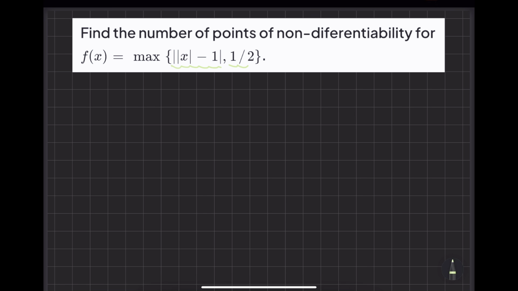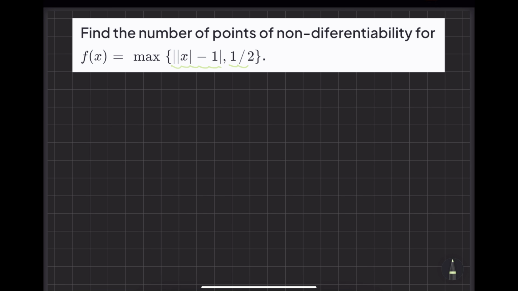Now you have replaced x with mod x. Okay, so what will happen? You will erase negative x, and then you will take the image. So look at this, you will erase this part and now you will take the image. So this is stage 2. Now what you did, you have applied mod on the function.